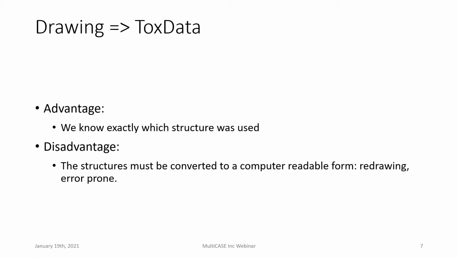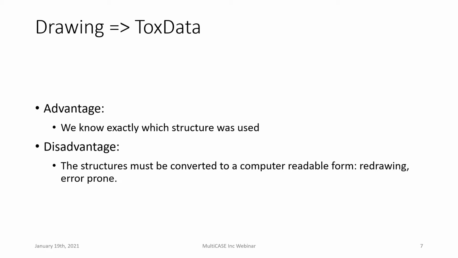When we deal with publications, quite frequently we are dealing only with a drawing. I cannot say that every publication does drawings, but many of them do. And it has its advantage. At least we don't have to guess. When a publication says that these chemicals are toxic or have particular values of toxicity, we know exactly which structure was used for every one. We don't need to guess.